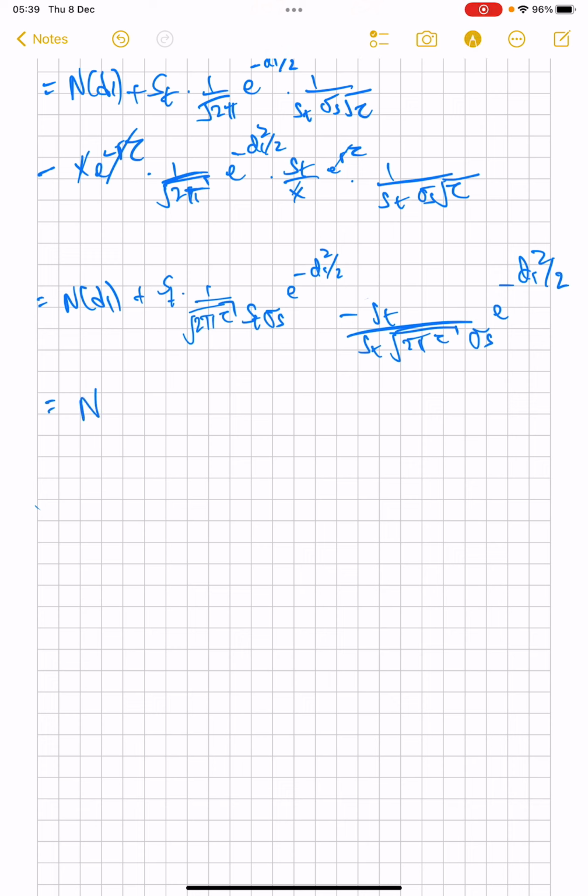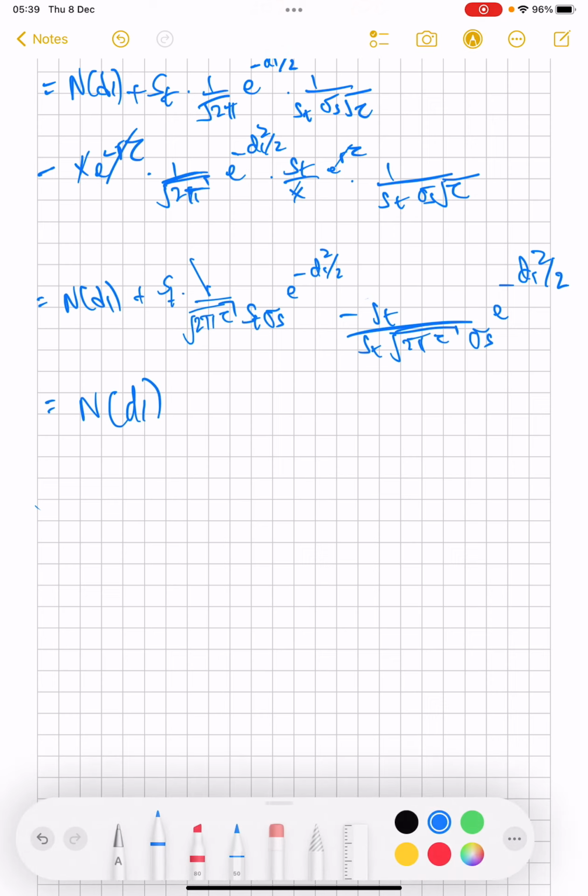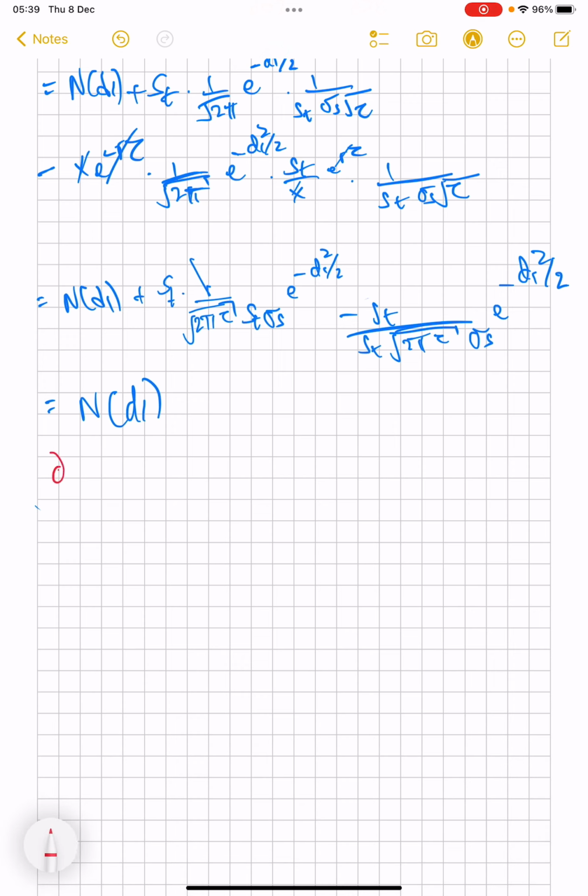So you can see that these will cancel each other, which is equal to the cumulative normal of d1. Okay. dC over dSt, which is gamma, is N(d1). Similarly, you should be able to prove that for a put option, it is N(d1) minus 1.